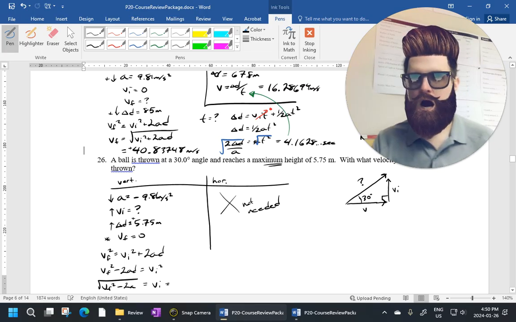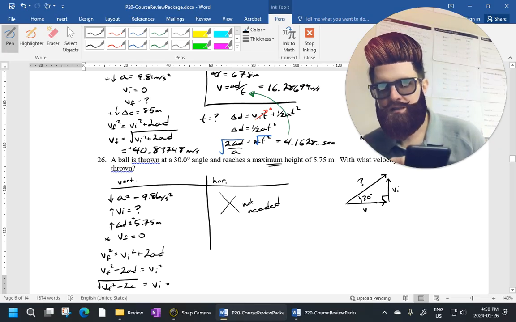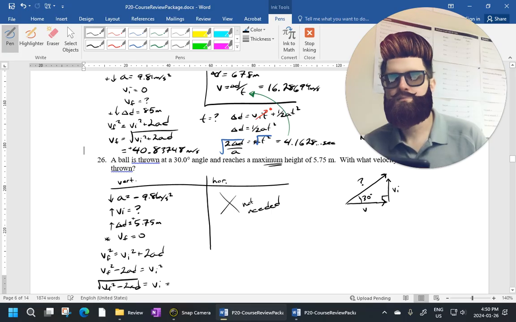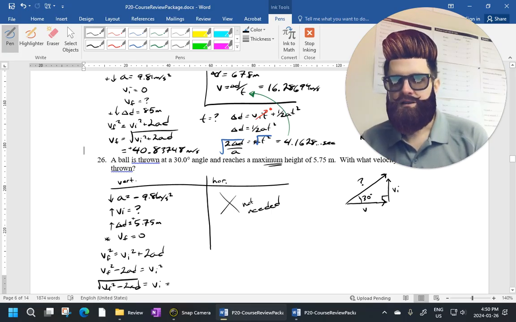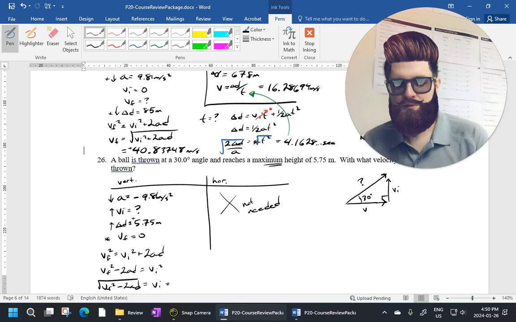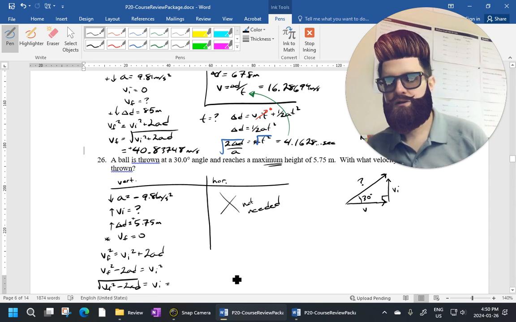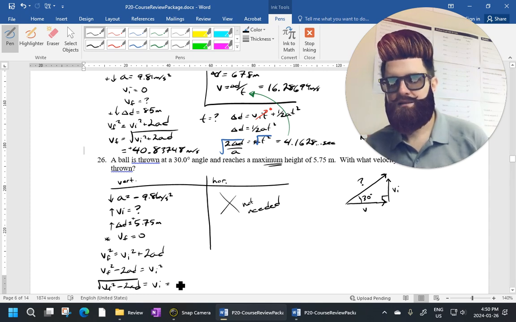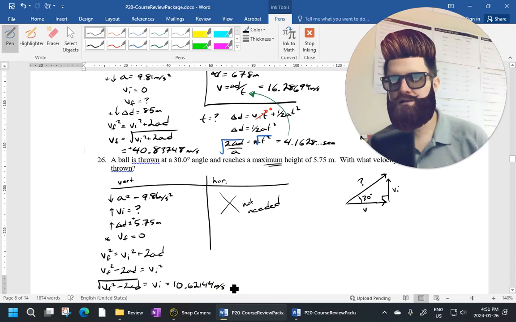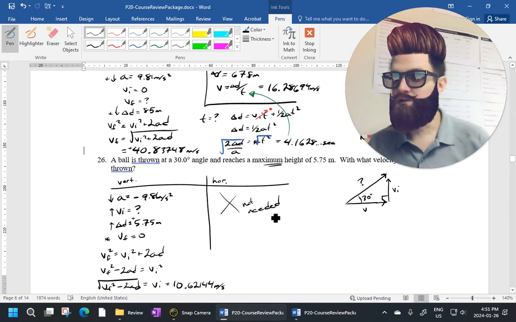If I do that, where's my d go up to? Disappeared. Oh, VF is 0, so that's awesome. So I got negative 2 times negative 9.81. So 2 negatives make a positive, which is great. Times my d, and then the square root. So my VI is 10.62144 meters per second. But that's not the initial velocity, right?